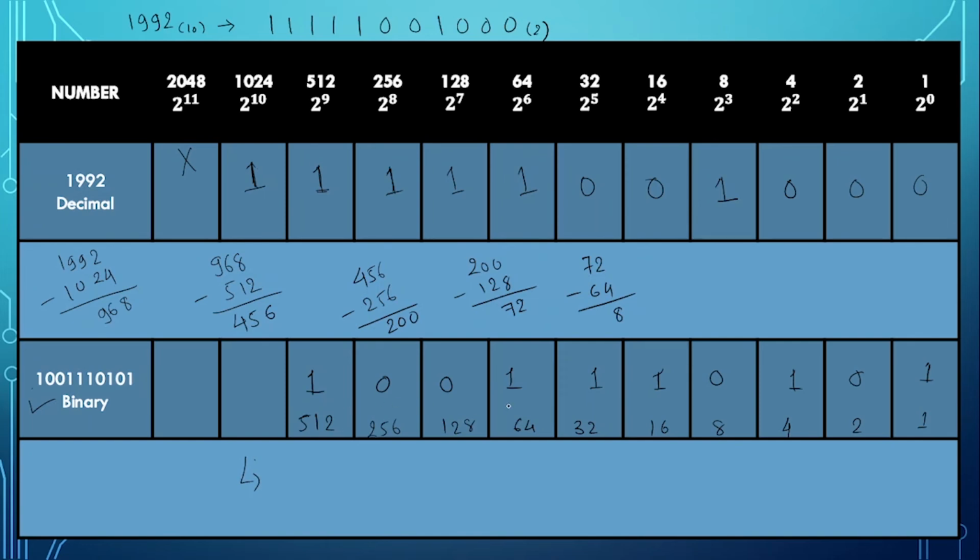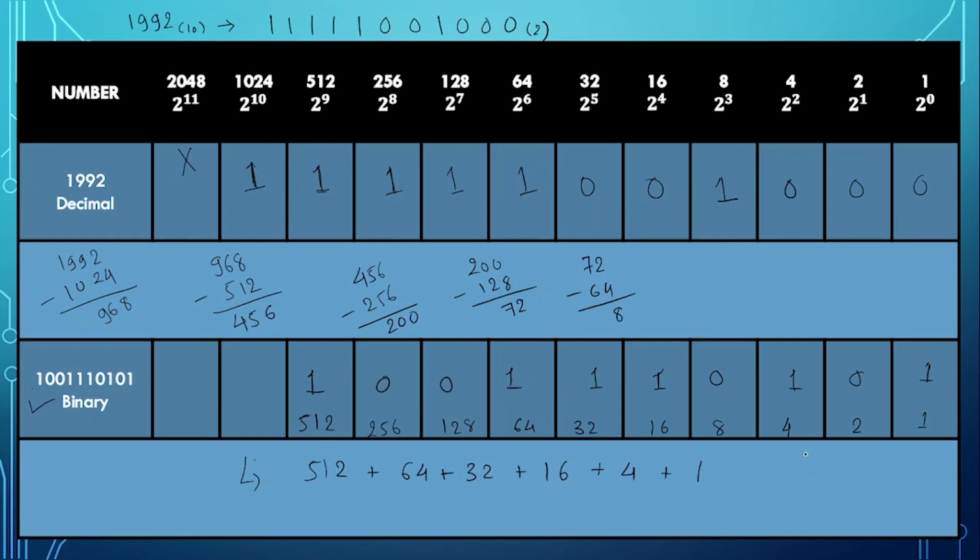Whenever the coefficient is 1, those values will be added to each other. So 512 plus 64 plus 32 plus 16 plus 4 plus 1. So 1 plus 4 is 5, 21, 21 plus 32.